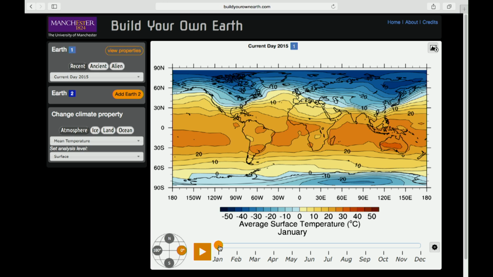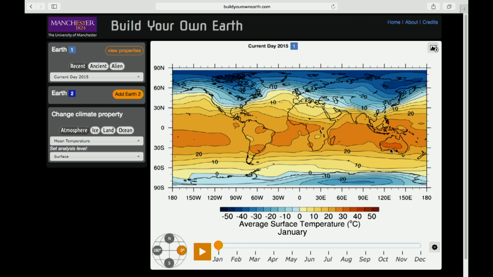For example, the mean surface temperature is coolest over the North Pole in January, and Siberia, where you have temperatures that are actually less than minus 40 degrees Celsius. It is warmest over the Australian outback, with average temperatures exceeding 30 degrees Celsius.